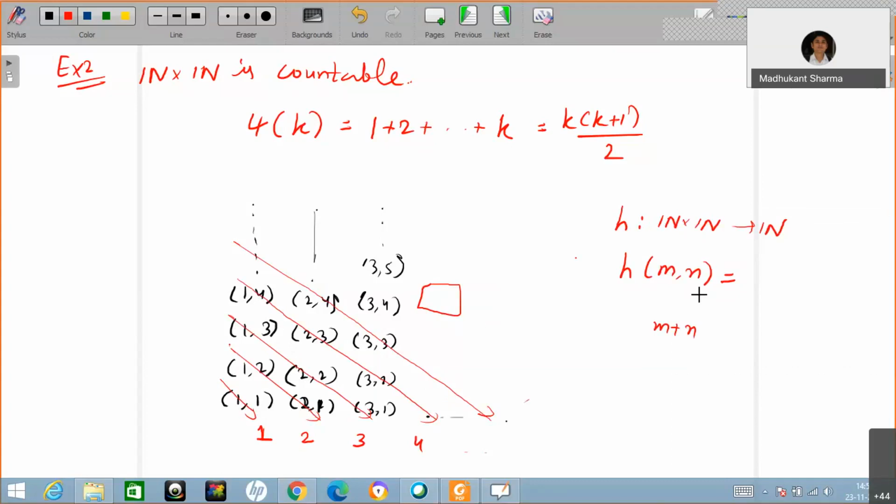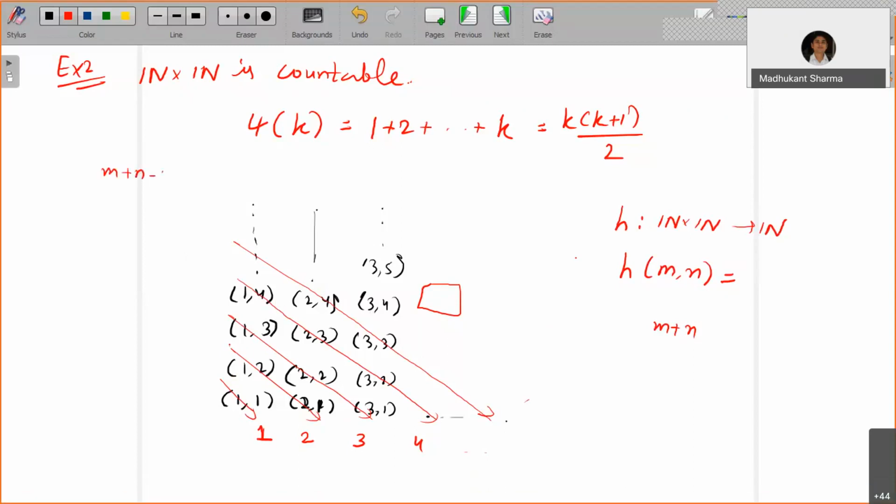So where will m comma n be placed? The sum is m plus n, so it will be placed in the diagonal number m plus n minus 1.